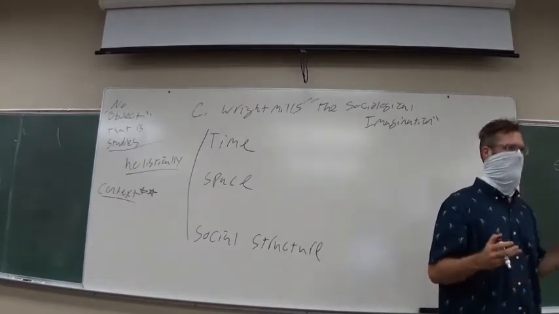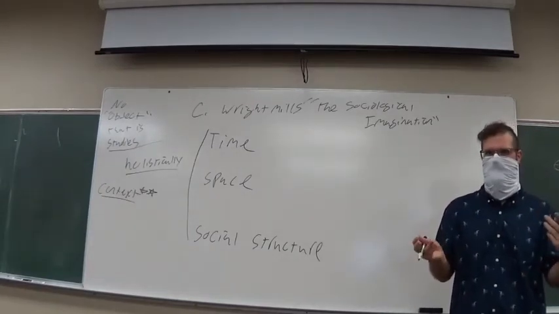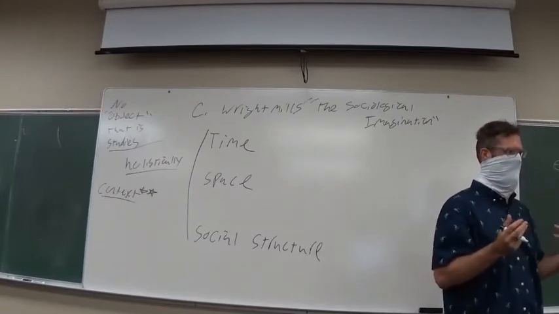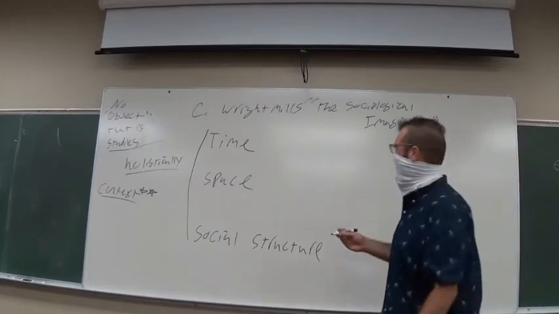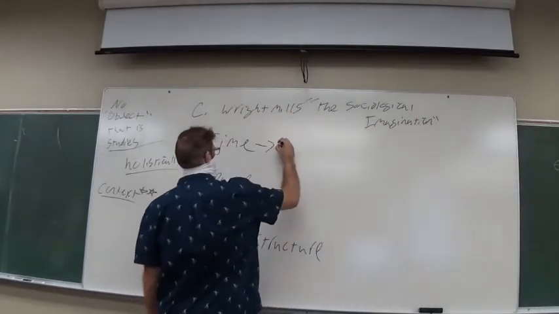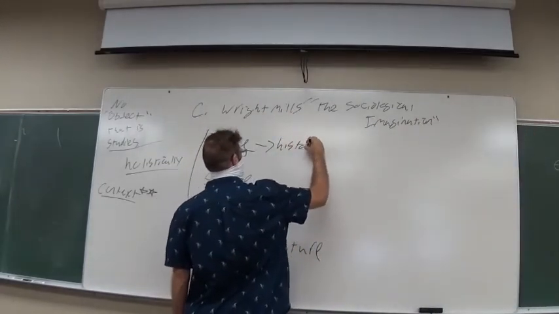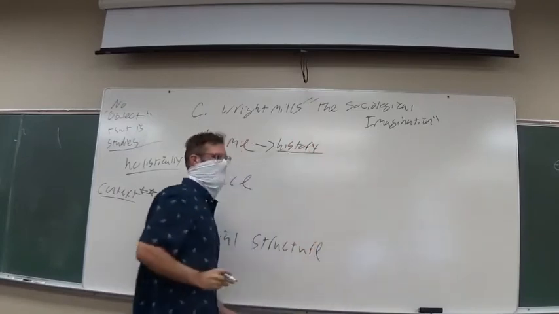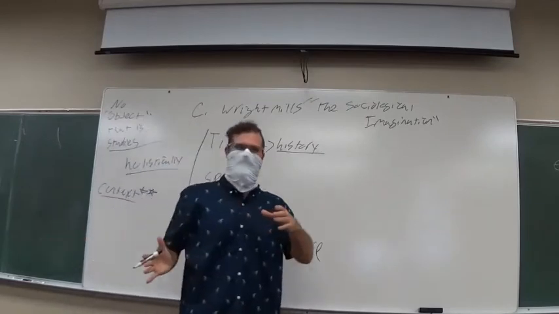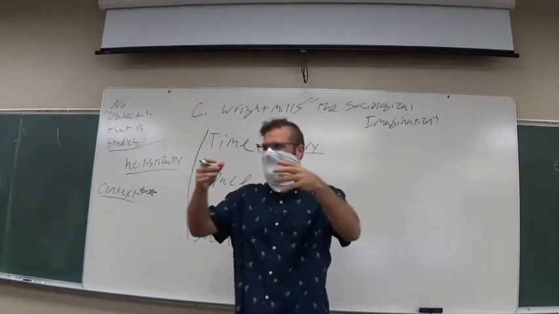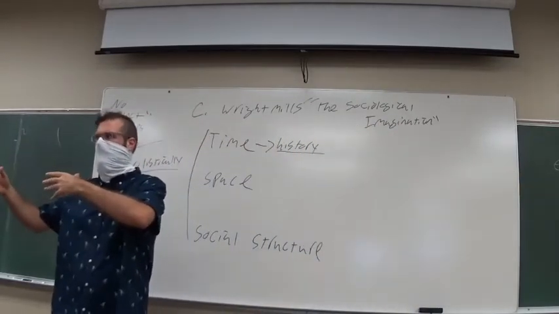What would we often call thinking through time, if we were to attach another discipline to it? There's another discipline that very clearly does this. History, yeah. So thinking through time is thinking historically, right? You're going to find that a good chunk of the articles we read will often start with talking about something in the past, getting you up to the present of what they're talking about, right?